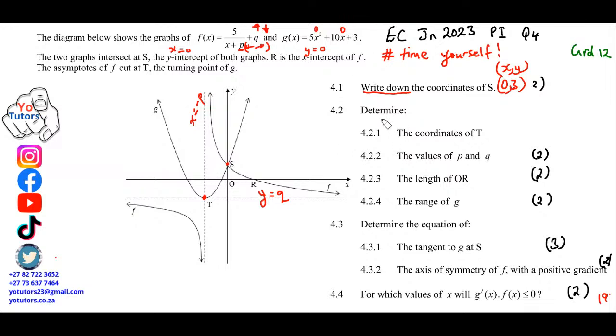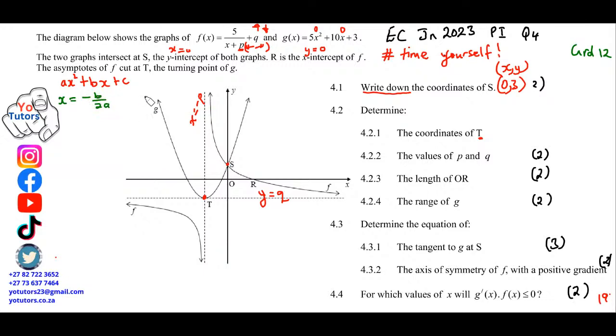Now, the second question is saying, determine the coordinates of T. T is a turning point, and what we know about this g of x is that it is in the form ax squared plus bx plus c. And what we know from that is, to find the x coordinate of the turning point, we say x is equal to minus b over 2a.